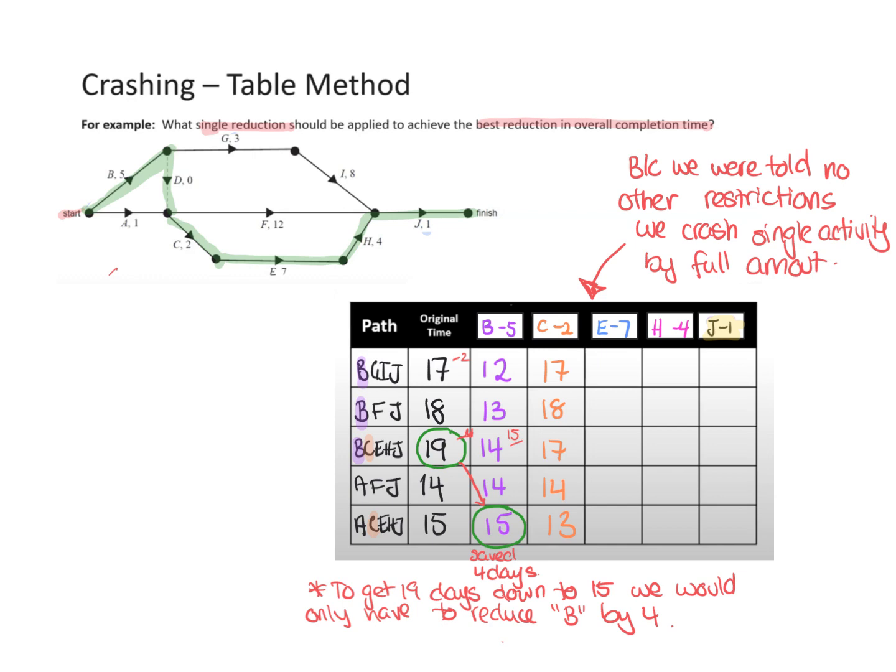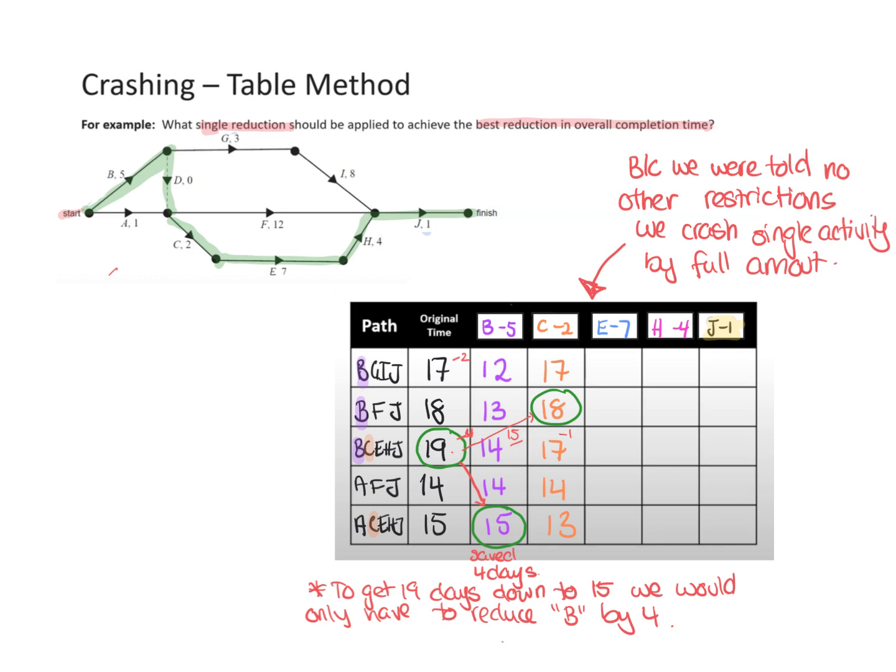To get from the original 19 to 18, we're saving 1 day, really. So we'd only have to minus 1 C. That would be the saving of that.